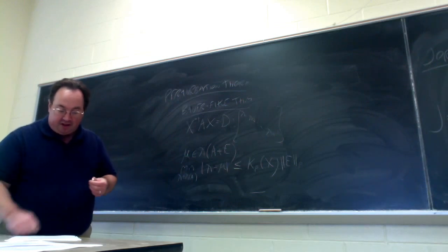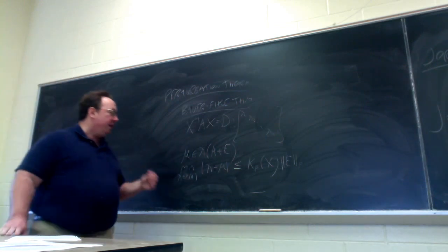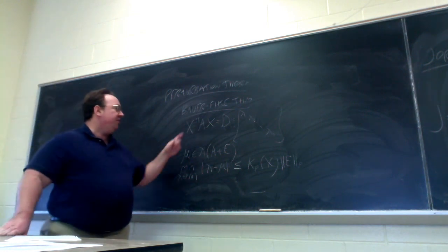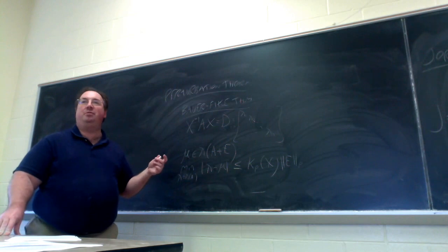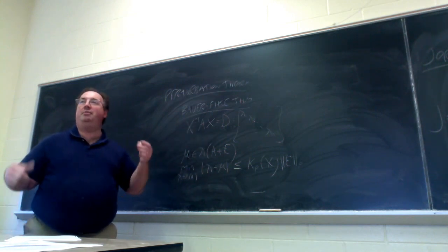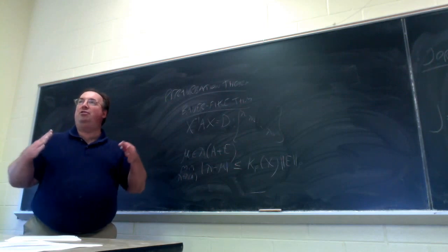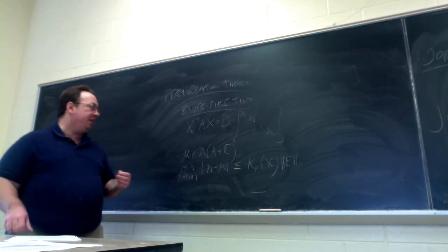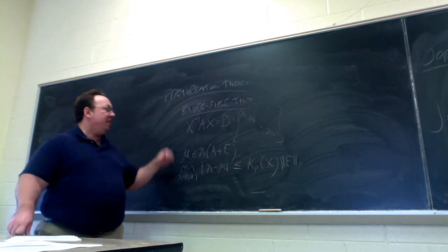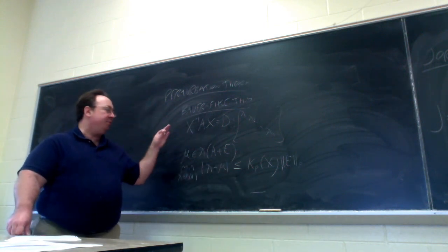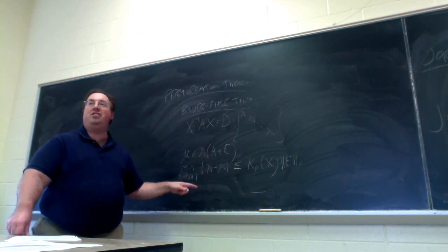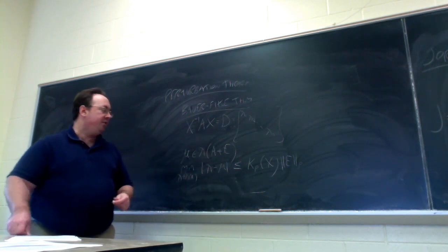Okay. Now, a way to interpret this is, suppose A is almost non-diagonalizable, which would mean that some of these eigenvectors might be almost linearly dependent. That means that the condition number of X would be large. So if A is almost non-diagonalizable, then a small change in the matrix could still cause a large change in the eigenvalues.